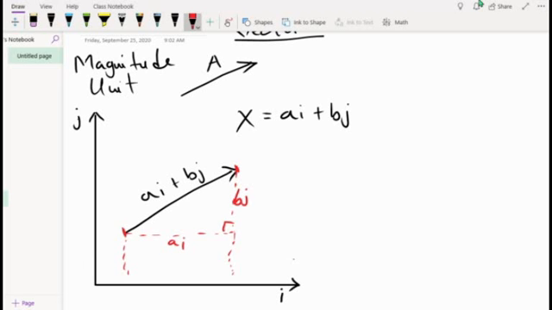Let's represent the length of the arrow by two vertical slashes around x, which means the magnitude of x.